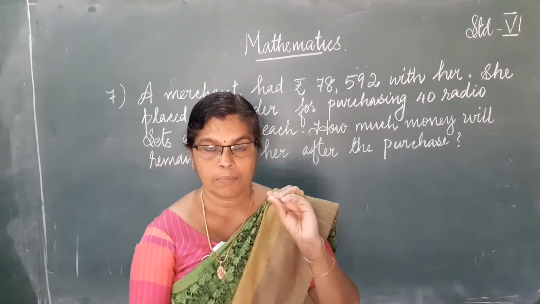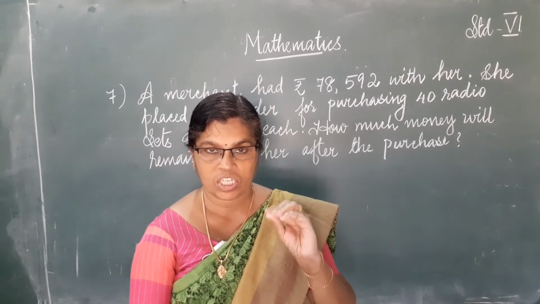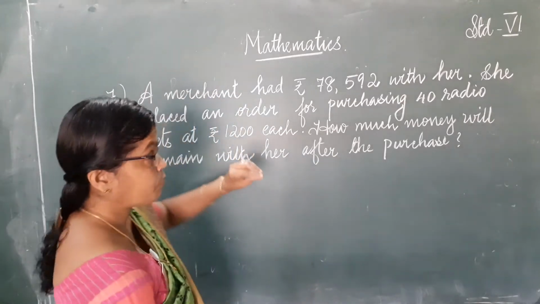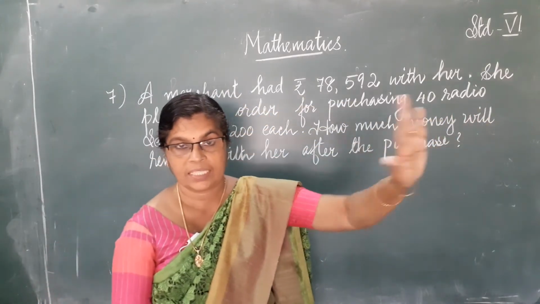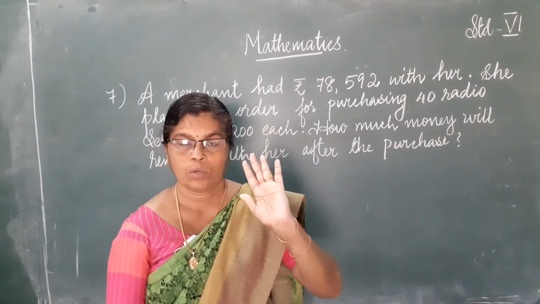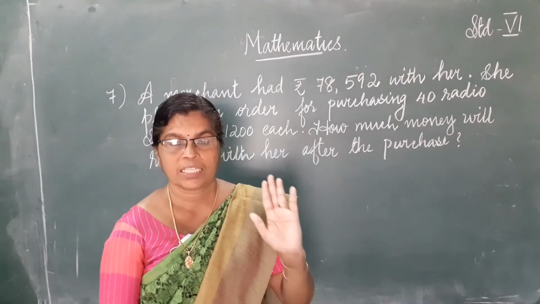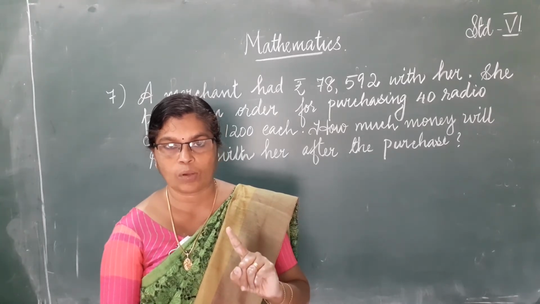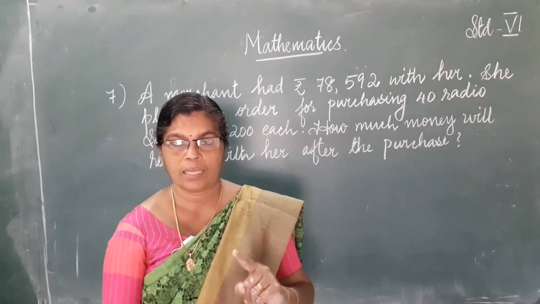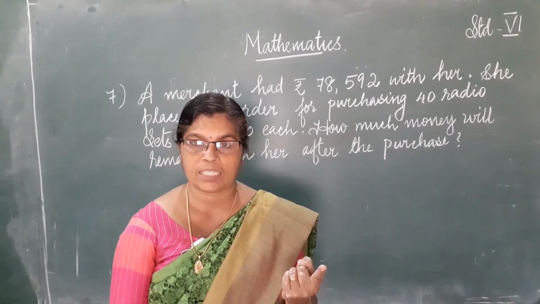The merchant had 78,592 rupees in total. She is going to buy 40 radio sets. One radio set, what is the cost? 1,200. Then what will be the cost of 40 radio sets?